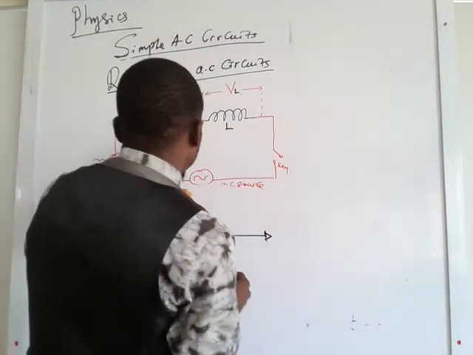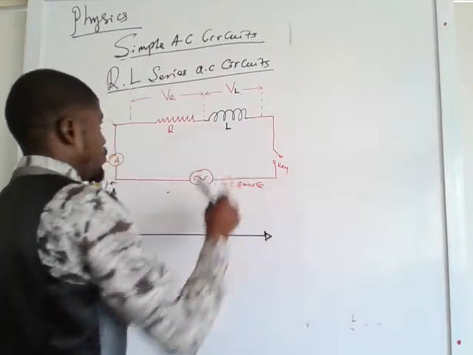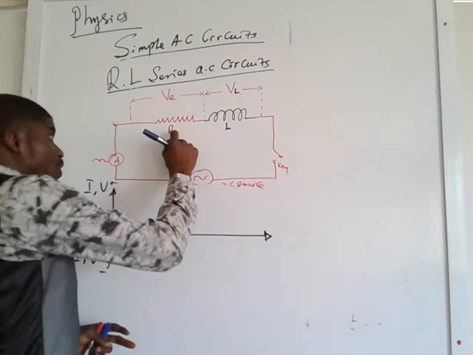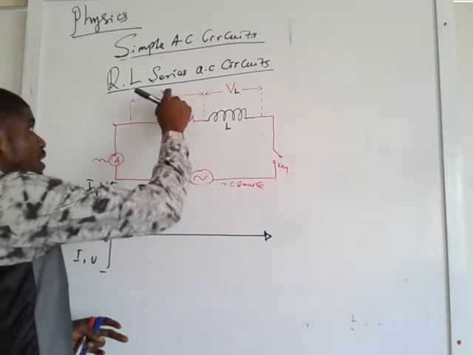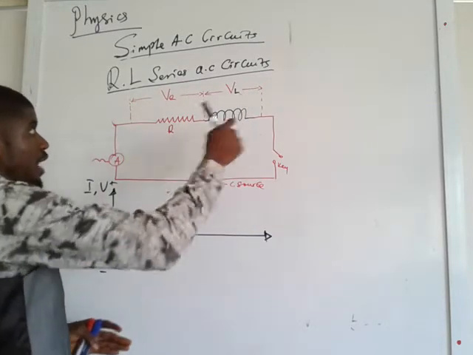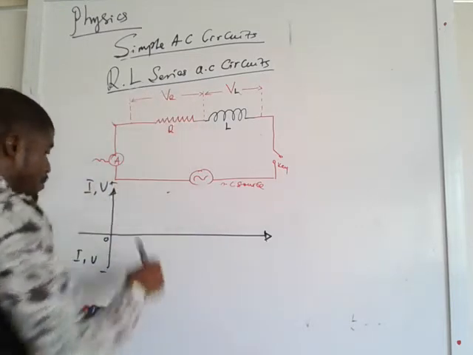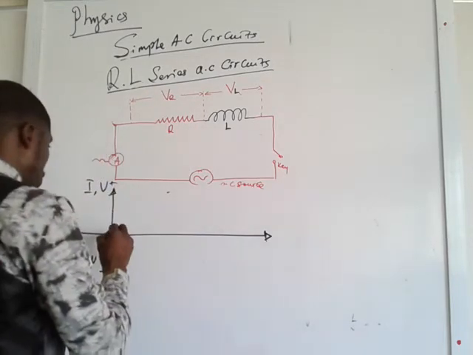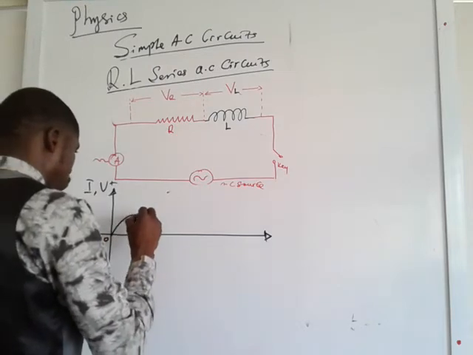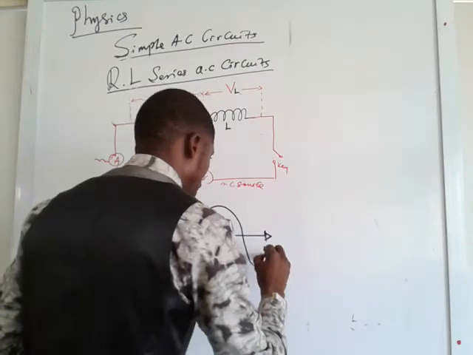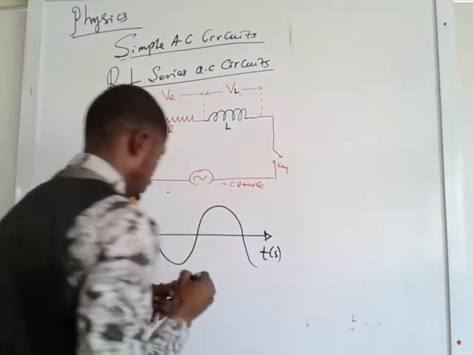Now, still what we said earlier, we'll repeat it again. The resistor in this circuit will make the current, the entire current, and then the voltage across this vibrate and be in the same phase with this waveform. Against time, seconds.